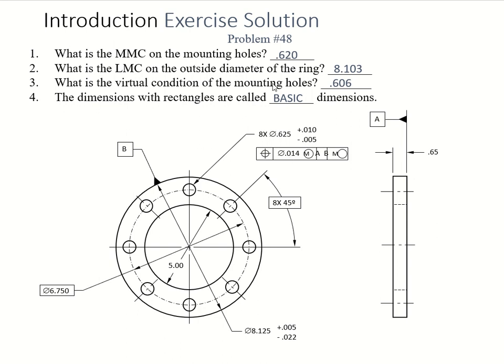It's talking about the mounting hole, not the LMC I was doing. So anyway, MMC, you take the 0.620 and then minus 0.140, your geometric tolerance, so you're going to get 0.606. And of course, all of them are your basic dimensions because they're written here in the rectangles.